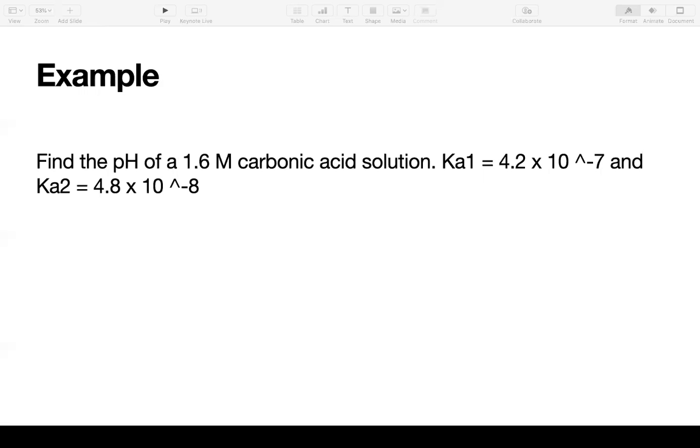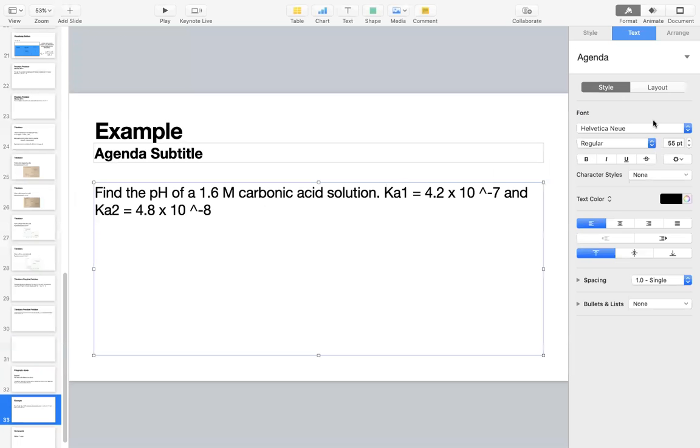The first thing we want to do is create our ice table for our first ionization.